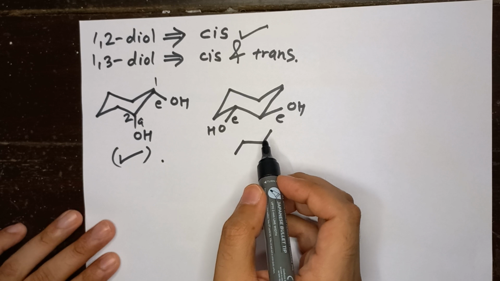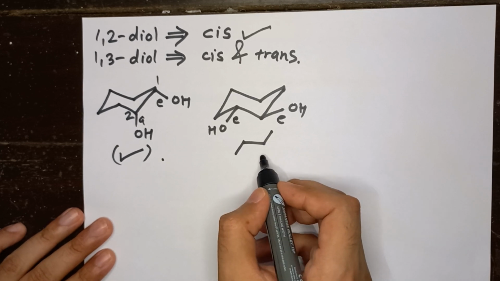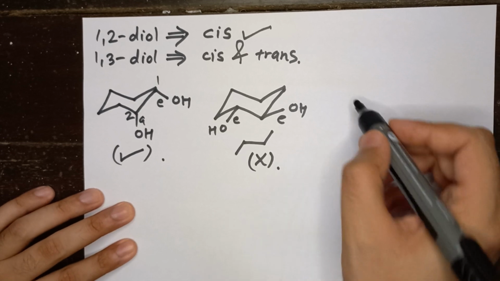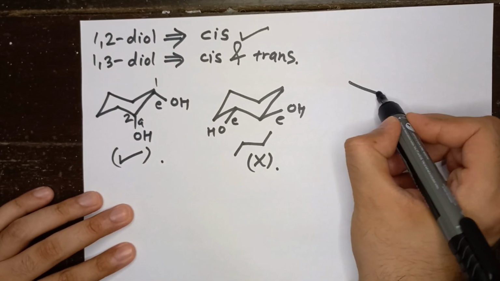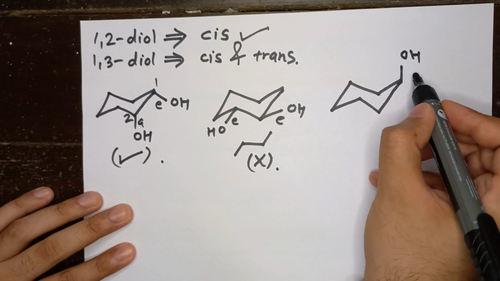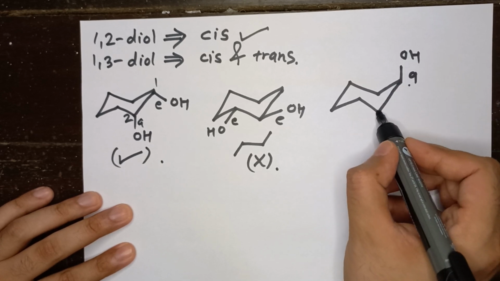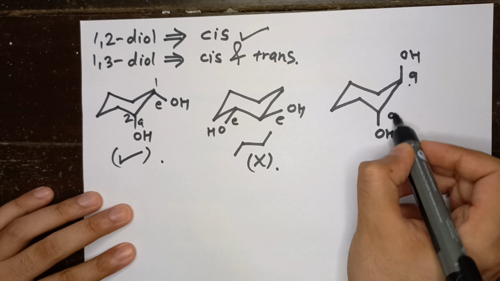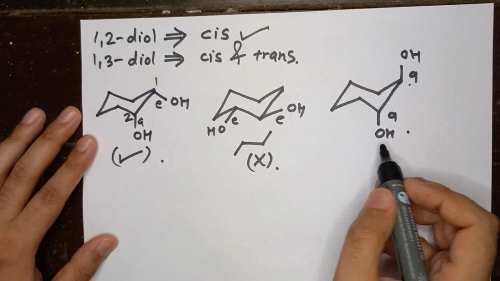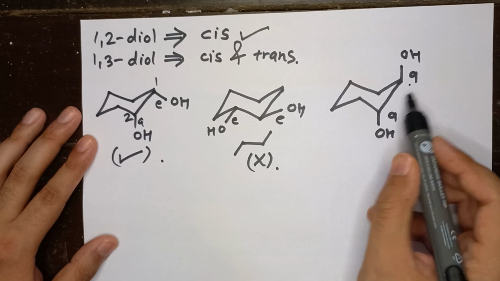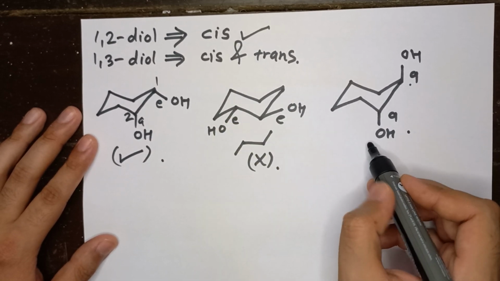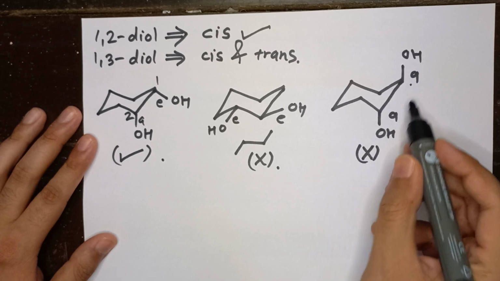So they are not facing in the same direction, so we cannot protect this diol. What about this one? Here I have an axial bond and here I have an axial bond. Well, I cannot protect these two simply because this OH is facing downwards and this is upwards. So they are not cis. So I won't be able to protect this 1,2 diol.